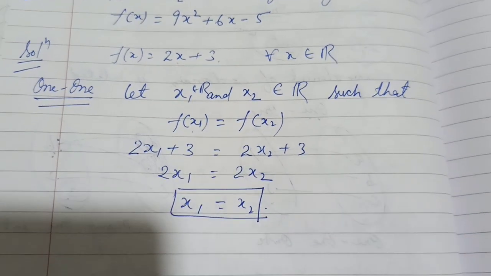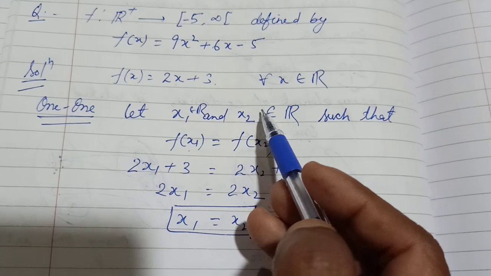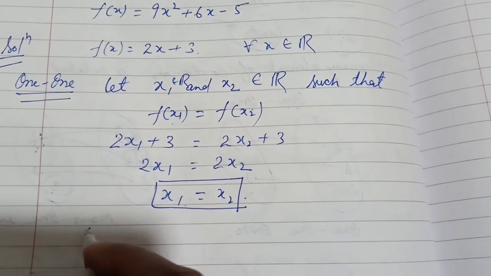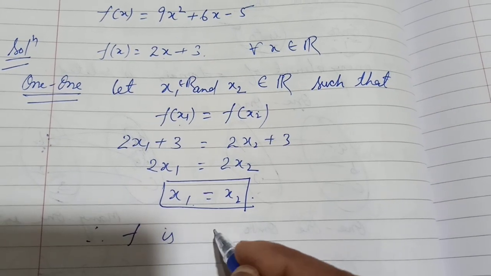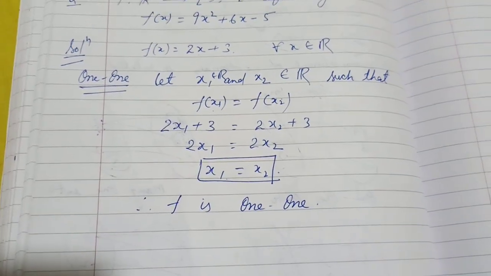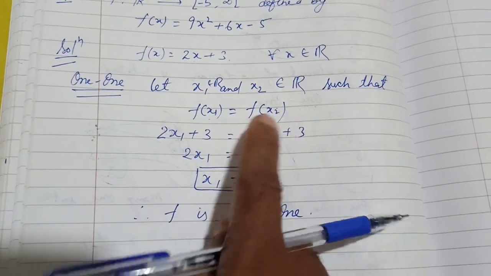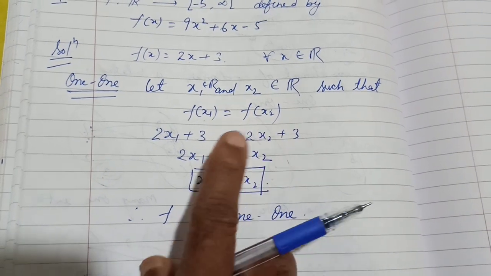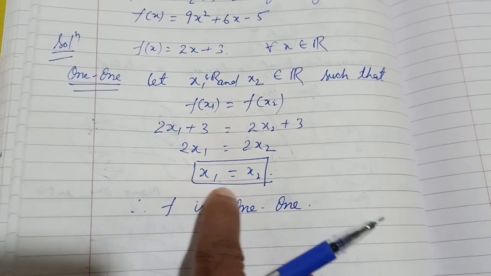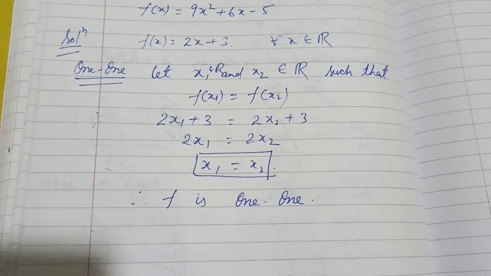That means when codomains are equal, domains are also equal. Therefore function is one-one. For proving one-one we have to take two elements from the domain such that codomains are equal. So when codomains are equal, solving this we can prove domain is also equal. When domain is also equal, that means function is one-one.